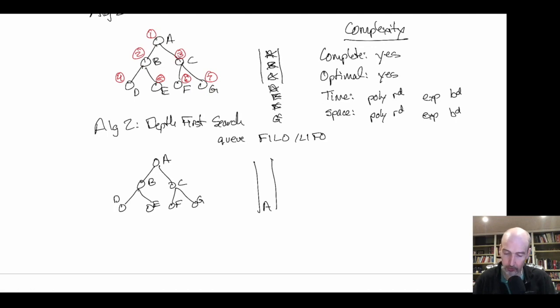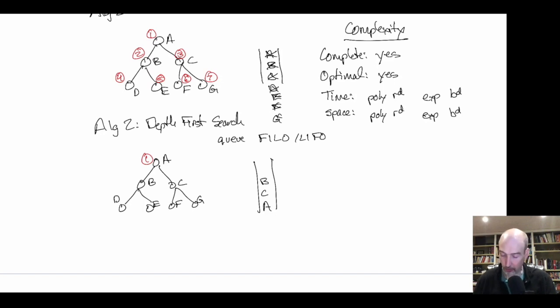We choose to expand A as the first node that we expand. And as we do that, just like before, we're going to put the two children on. We put C and then B here.